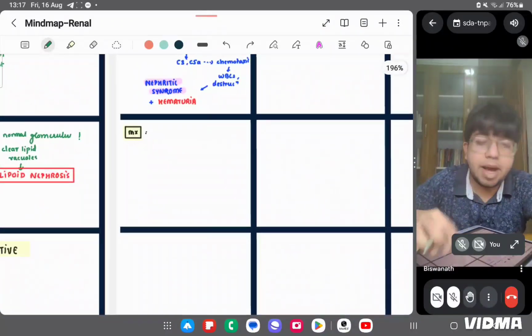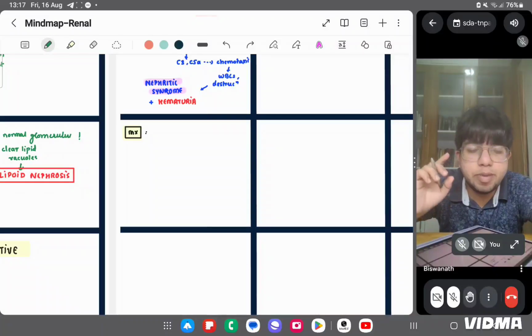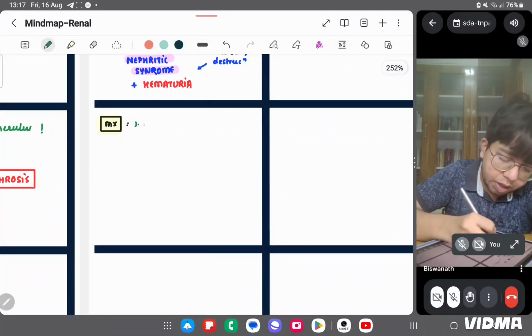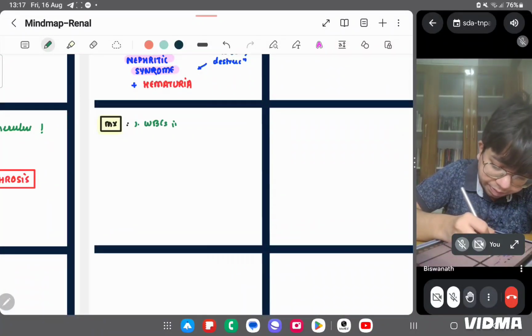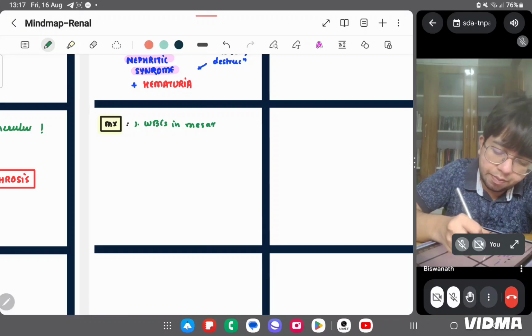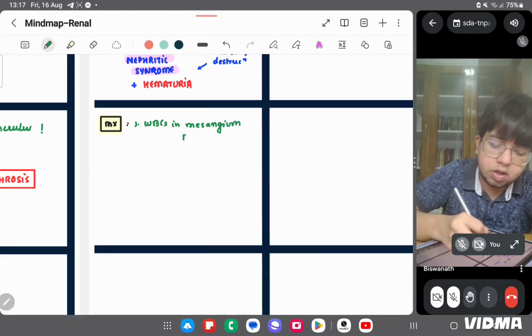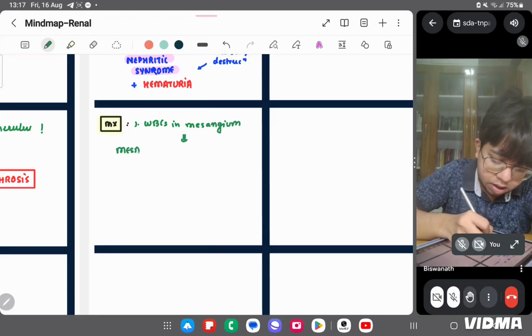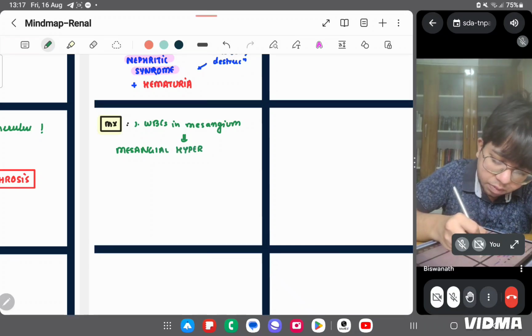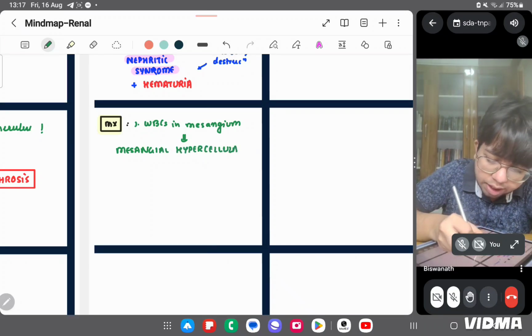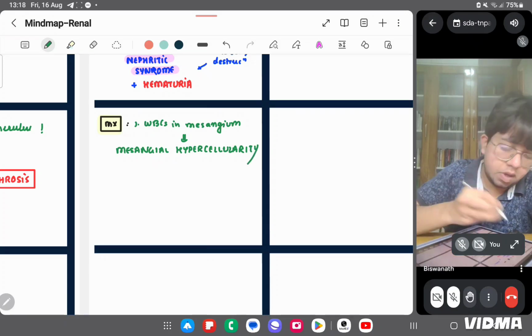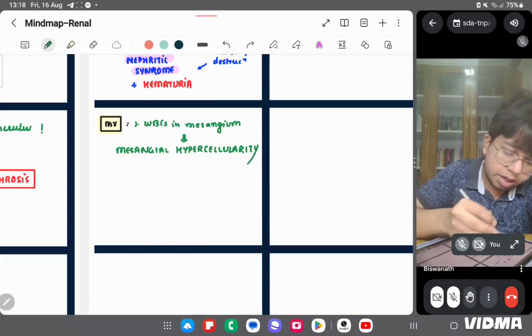So that's why in the microscopy there will be WBCs in the mesangium. So there will be mesangial hypercellularity.